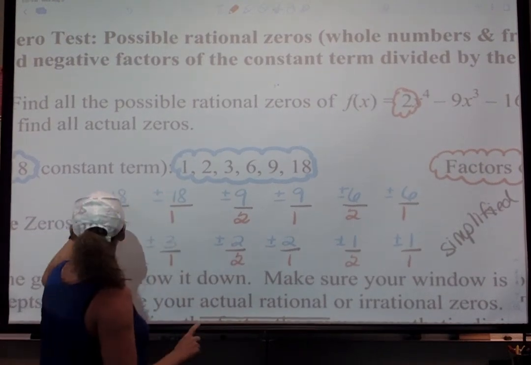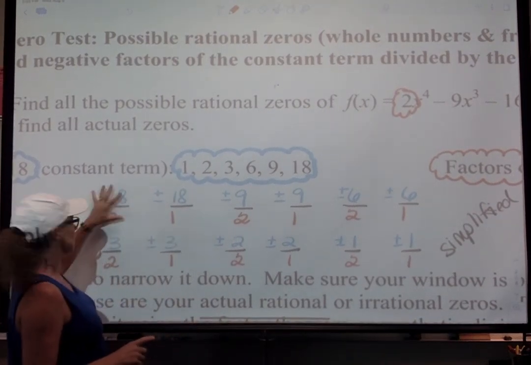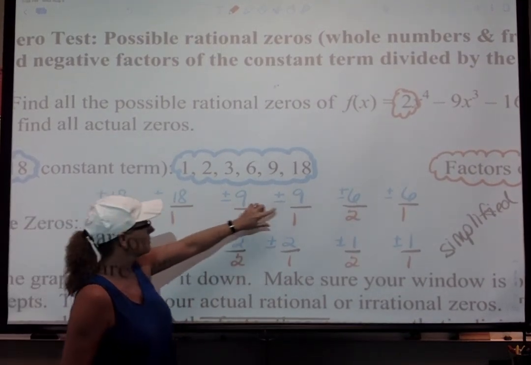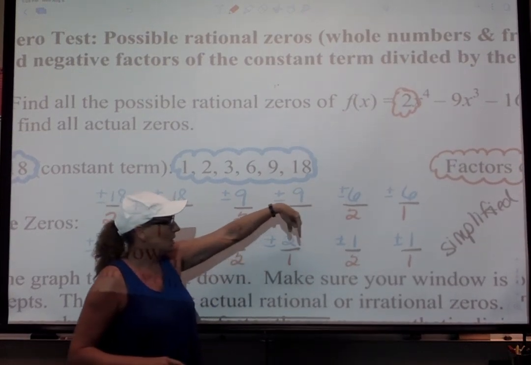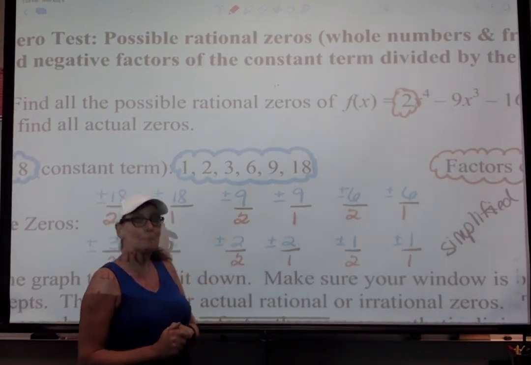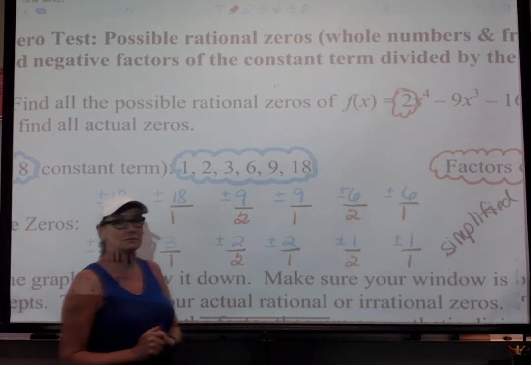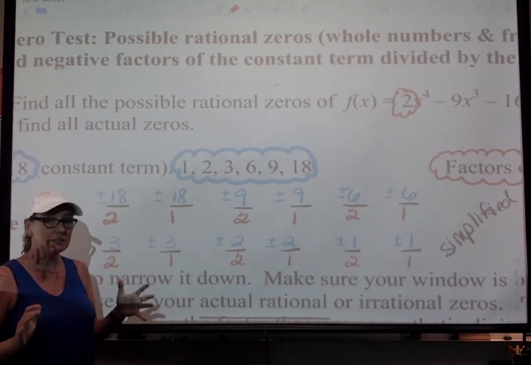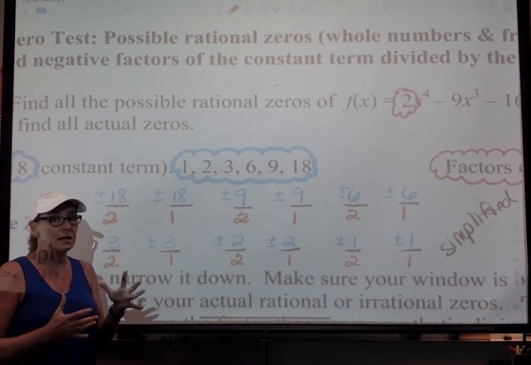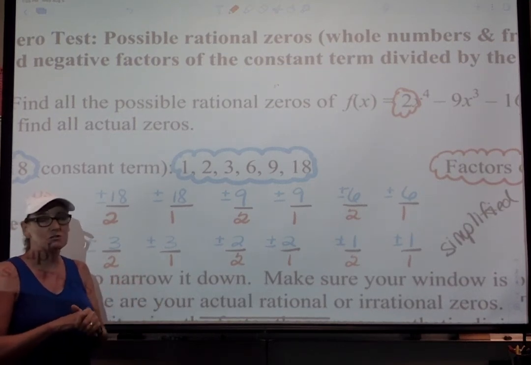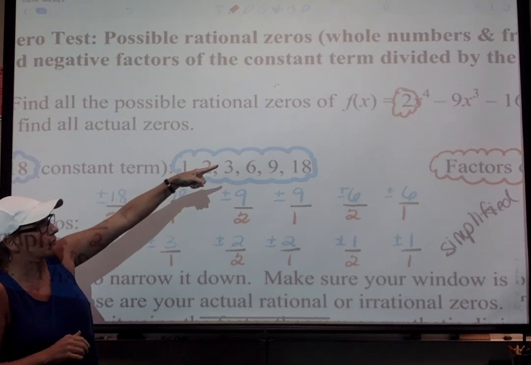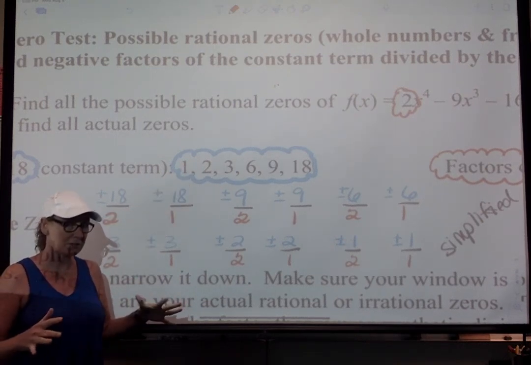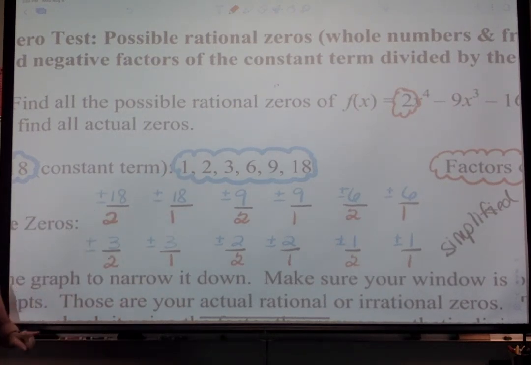Think about this. That's 12 numbers, 2 numbers each, so I got 24 possibilities for a maybe on a rational zero for that fourth degree polynomial. 24 possibilities.